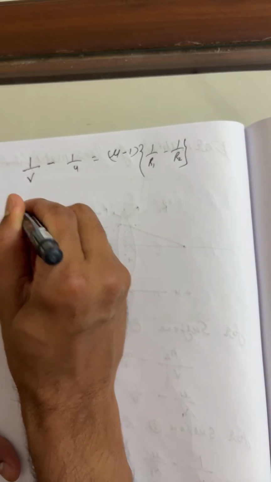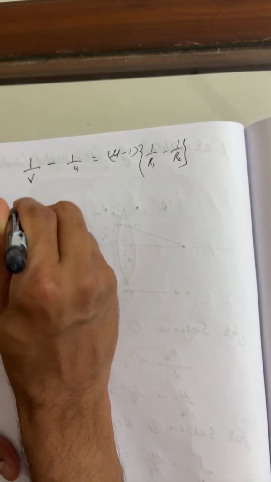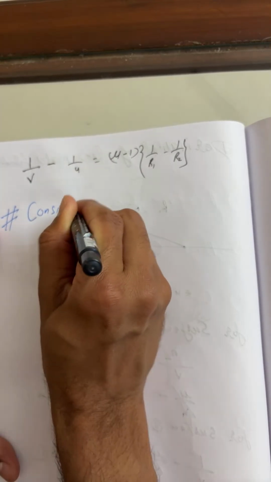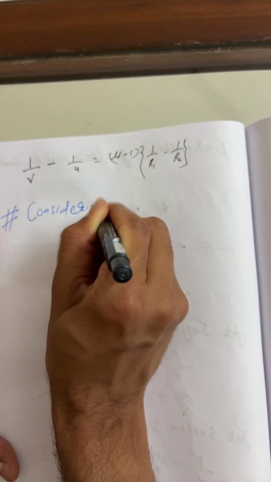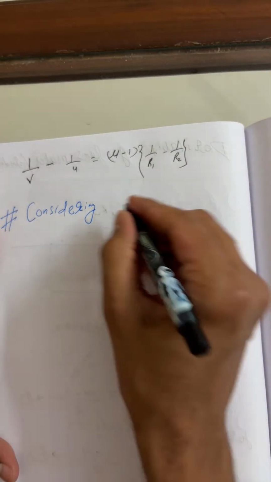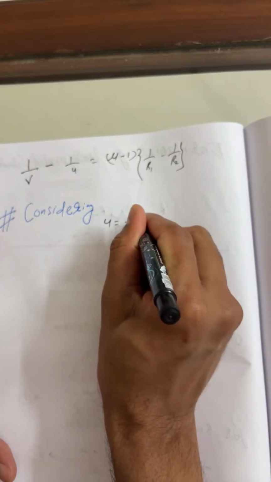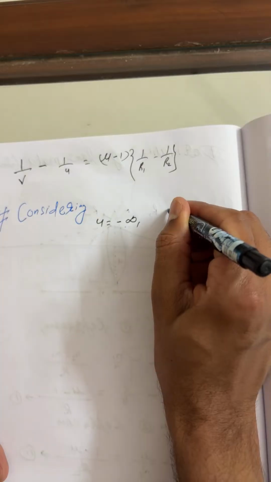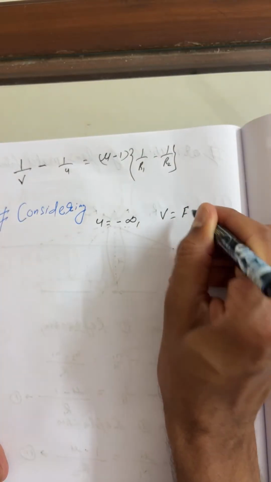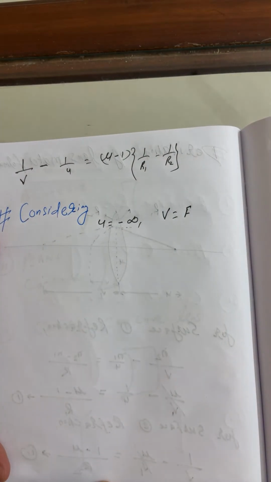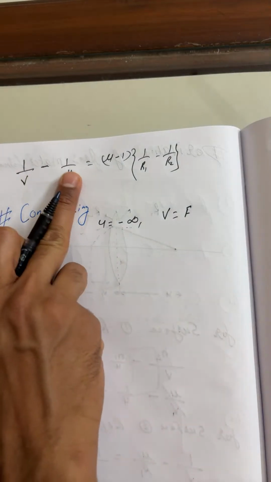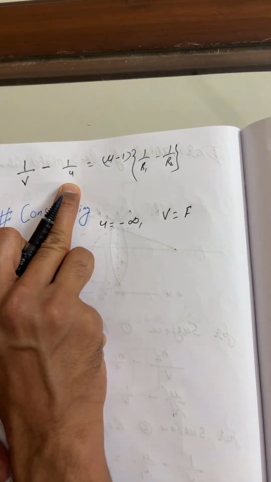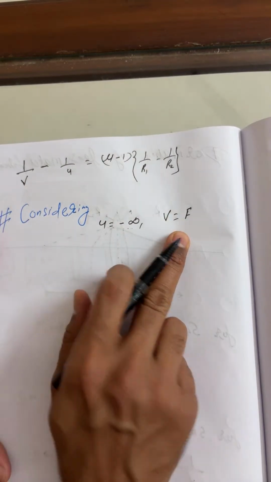Let us say, students, U equals minus infinity. What is the formation of the image here? Formation at the focus. In the same formula, the term 1 by U is something upon infinity, which is zero only. So V becomes F only.